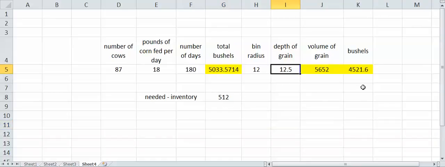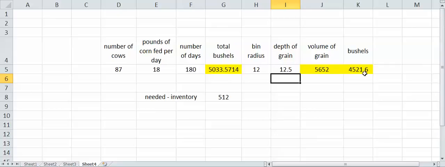Now, if I measure my bin and I'm only 10 feet deep, in this case, I need 5,033 bushels.